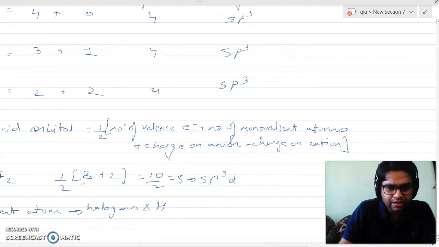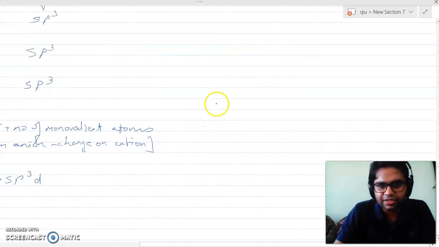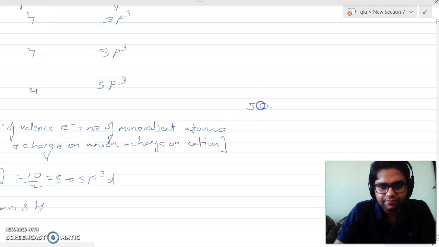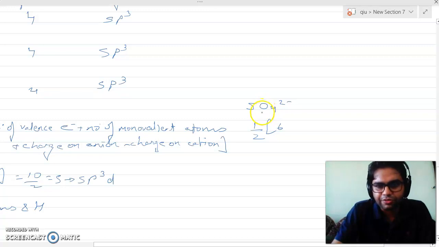Similarly, let's find out for another example. Let's say we are finding for the SO4 2 minus ion. Sulfur has 6 valence electrons. Oxygen is not monovalent, because monovalent atoms are halogens and hydrogen. So it has just 6 electrons, and then plus the charge on the ion. So 6 plus 2, that is 8, and then 8 by 2, that is 4.